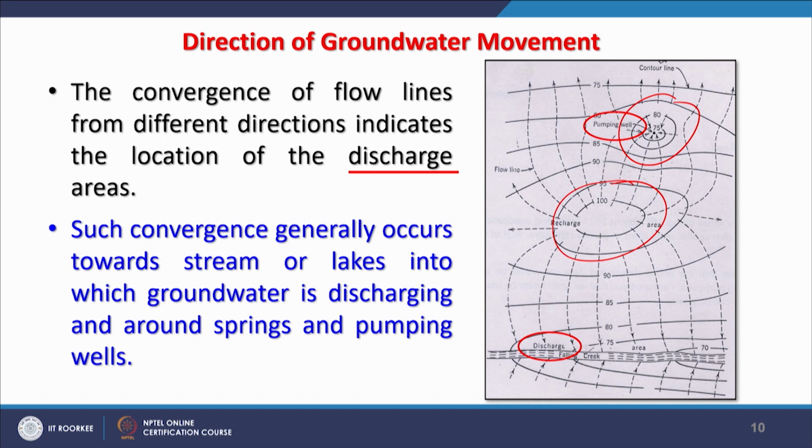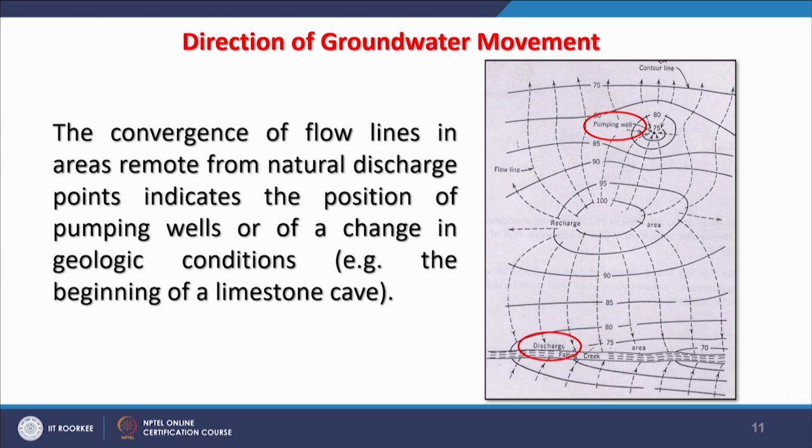Such convergence generally occurs toward streams or lakes into which groundwater is discharging, and around a spring and pumping wells also. So the convergence of flow lines in areas remote from natural discharge points indicates the position of a pumping well or a change in geologic condition.